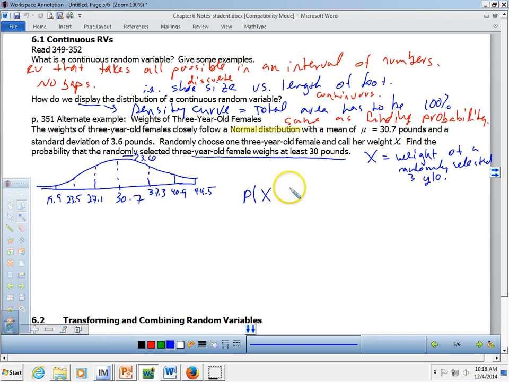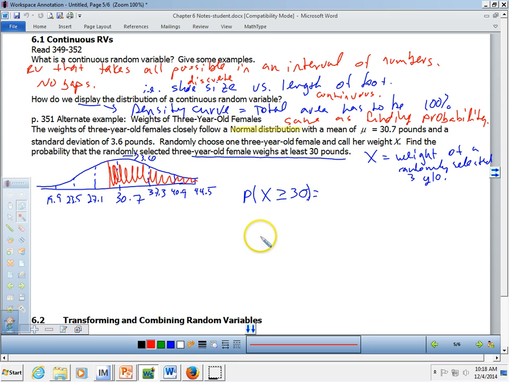So X needs to be, if it says at least 30 pounds, greater than or equal to 30. Okay? That's the probability I want to find. Well, go shade your curve, right? 30 falls right here. And it needs to be at least 30 pounds, so we're going to go 30 or more.